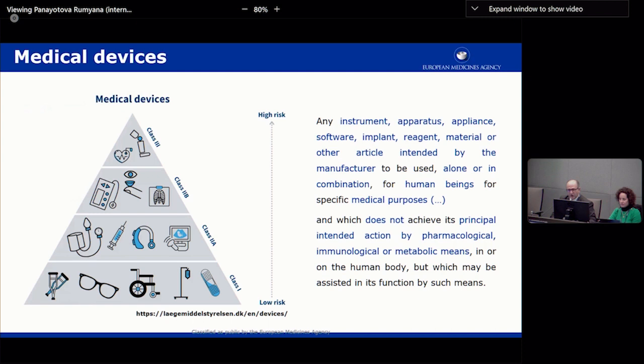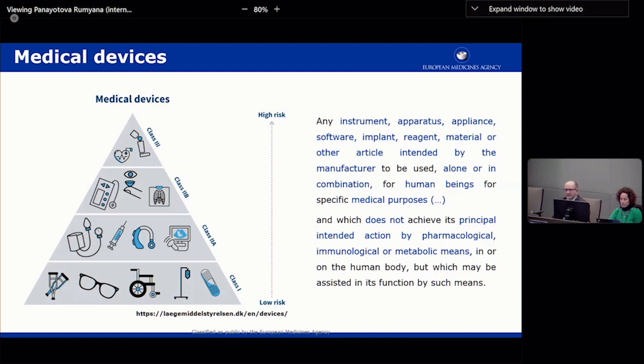So just for context, medical devices cover a huge broad range of products, but I have here the definition for you. Basically, the two main aspects to consider for whether or not a product is a medical device have to do with its intended purpose.